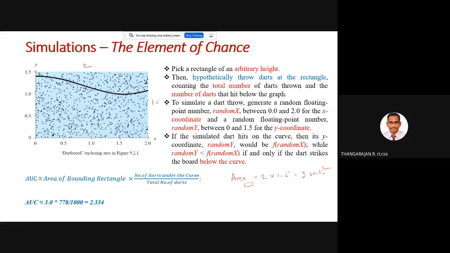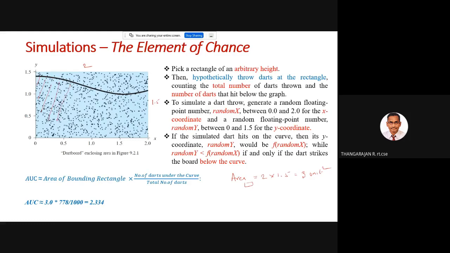Now what I want is the area under the curve.